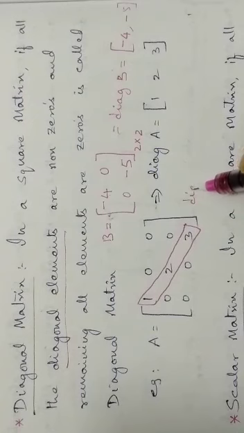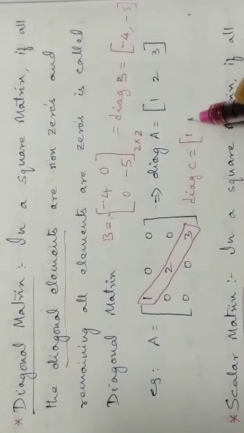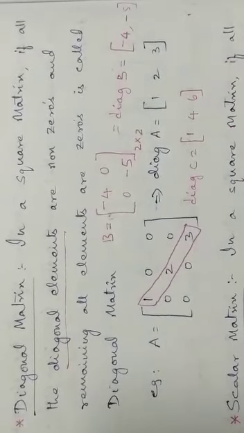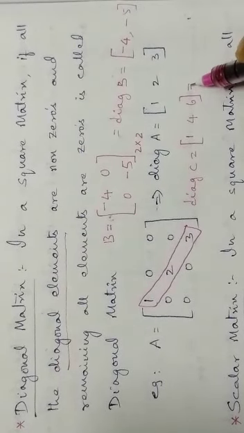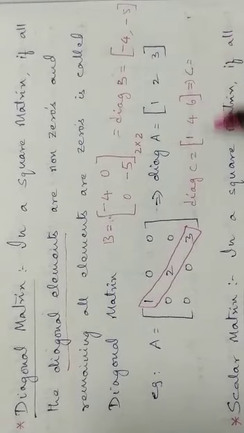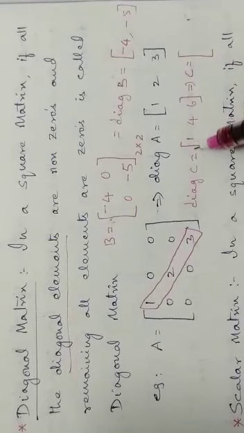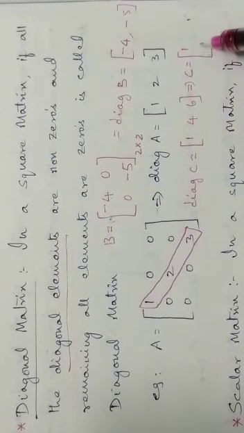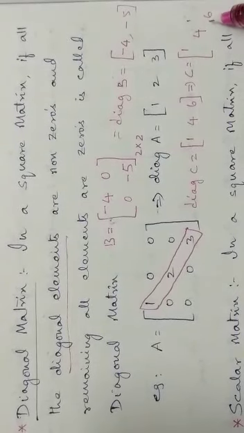See here, DIAG of C equal to, there is a matrix 1, 4, 6. If I want to write the expanded form of this matrix C, because the matrix is named as C, 1 is first row first column element, 4 is second row second column element, 6 is third row third column element.